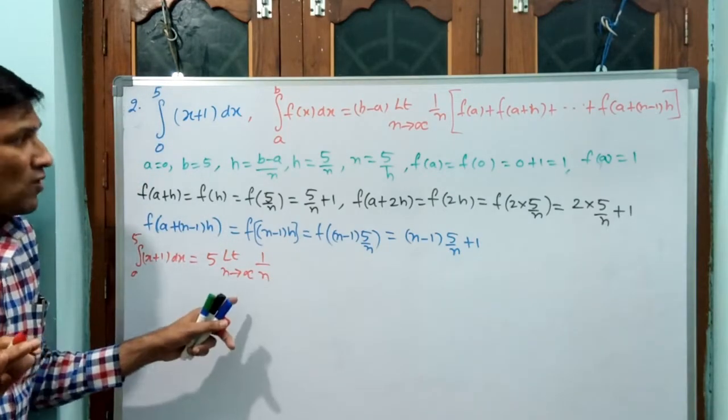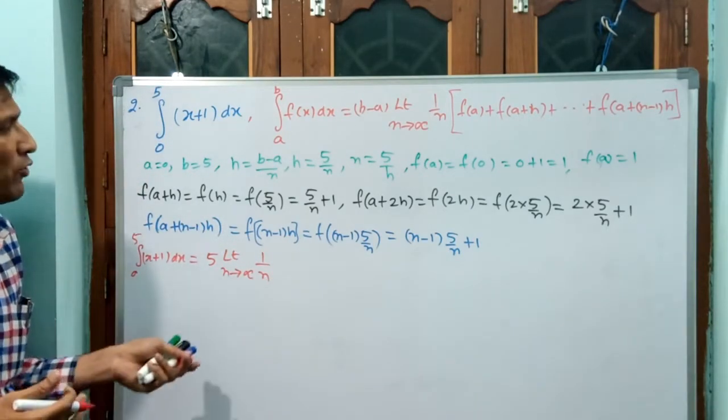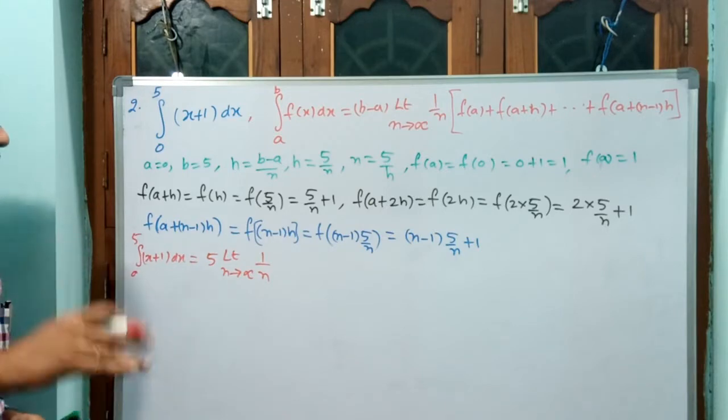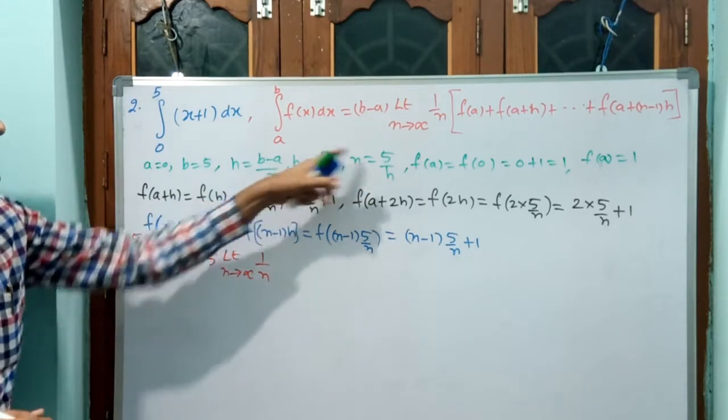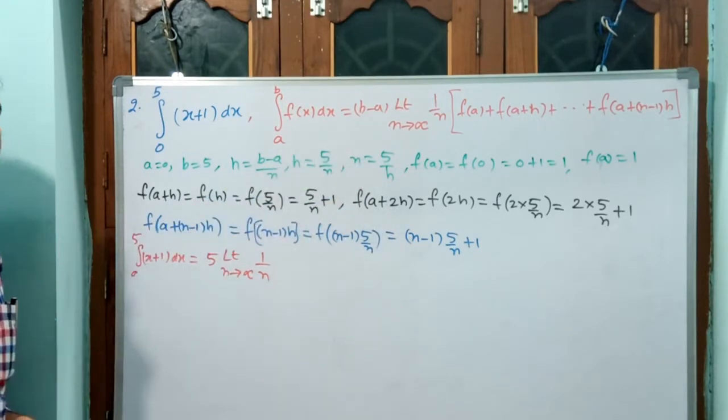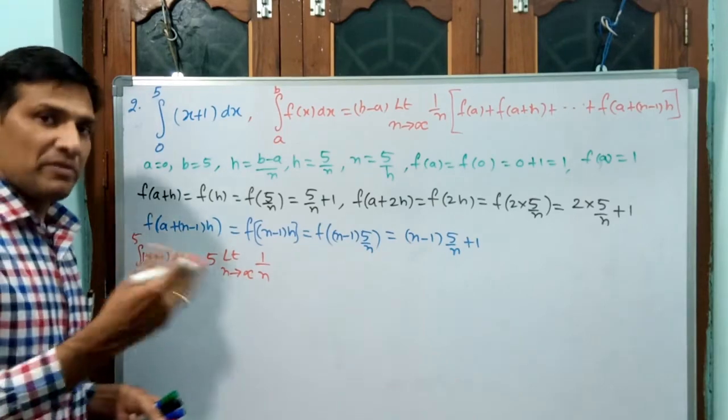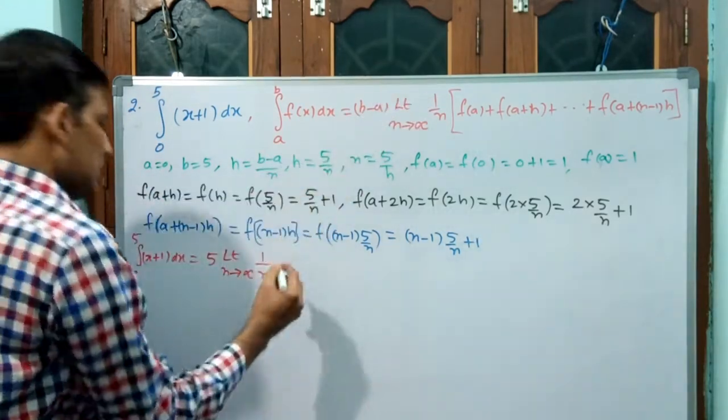Afterwards, accordingly, we will change whether h or n is required. We have h and n both: h is equal to 5 by n, n is equal to 5 by h, that's all. That we will see accordingly.